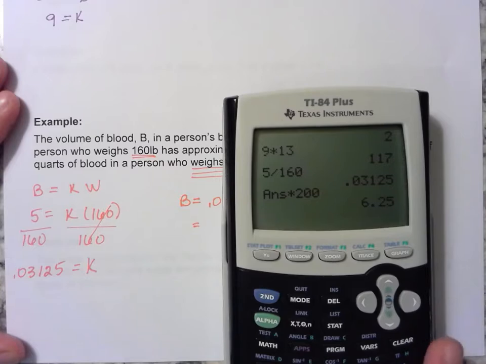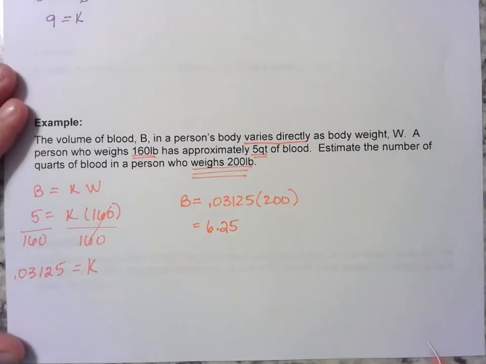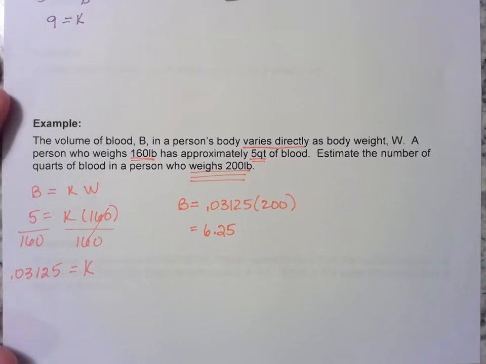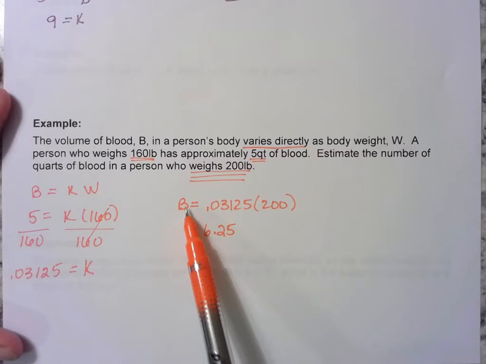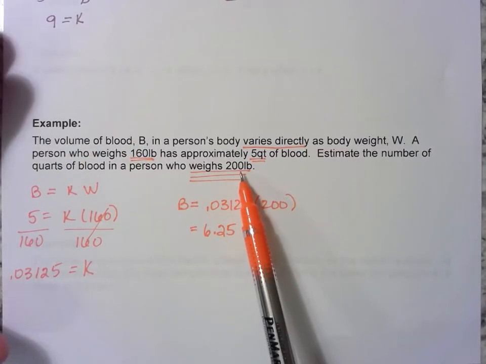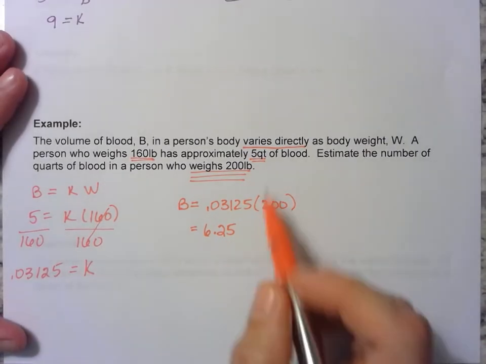So what does that mean? Now this is an application problem, so you definitely want to include your units. We're looking for B, and B is the volume of blood. So a person who weighs 200 pounds has approximately 6.25 quarts of blood.